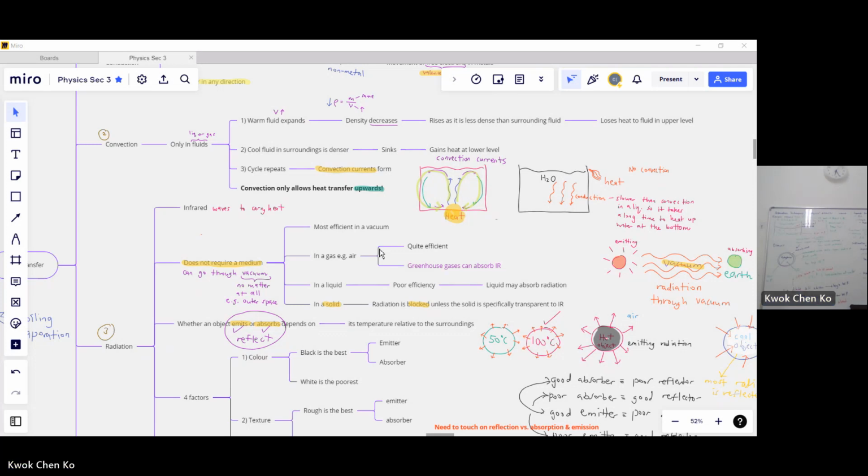P2. Difficult, I know. Pressure is a headache for a lot of students. Set out the equation: the left hand side is your lowest point where you're interested in the pressure.